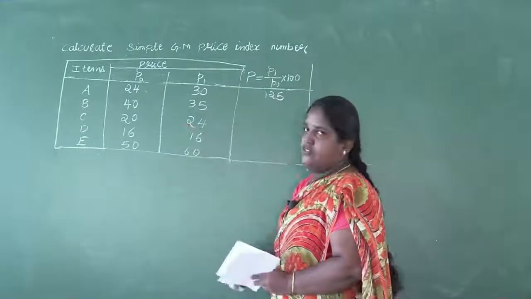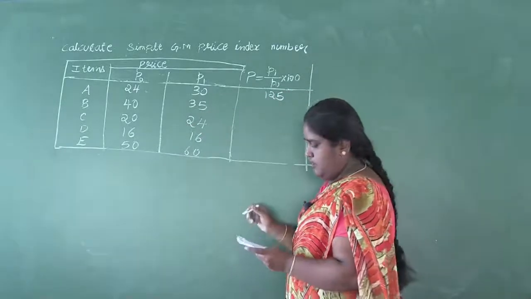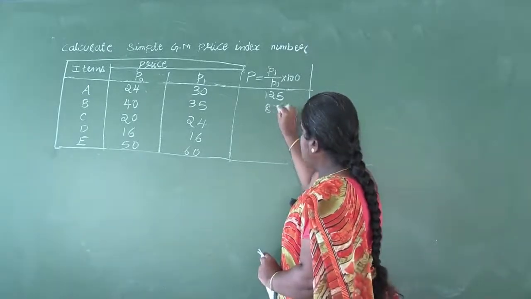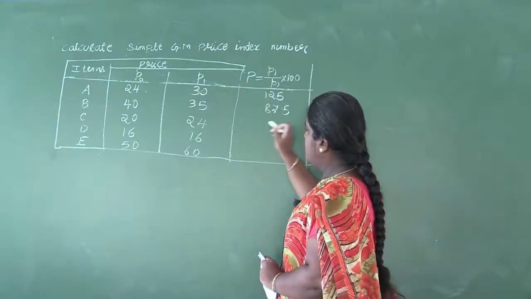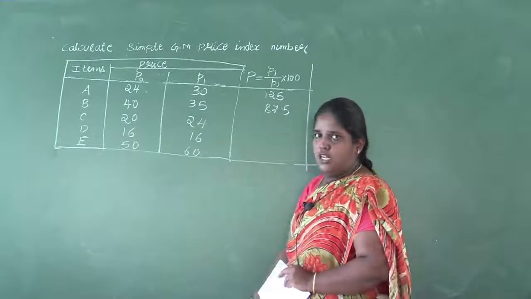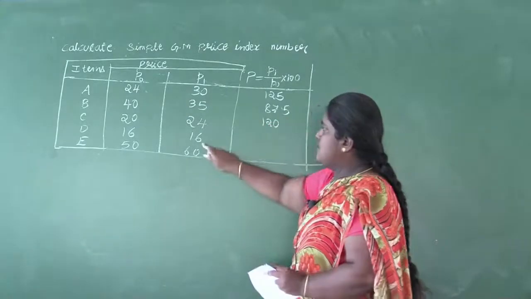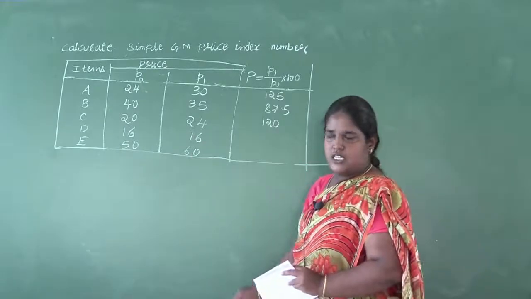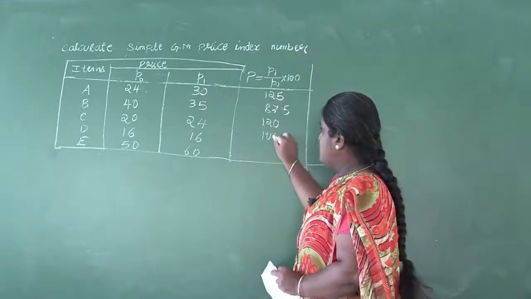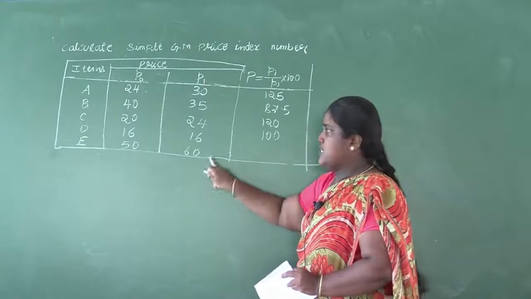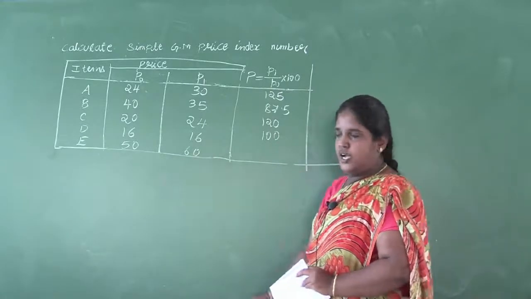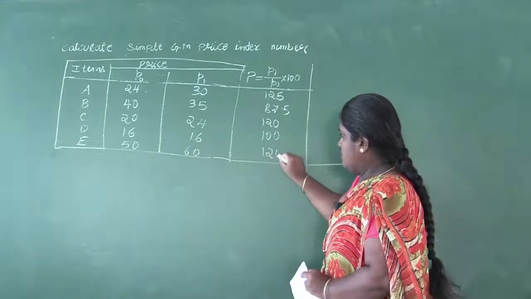Then 35 divided by 40 into 100, 87.5. 24 divided by 20 into 100, 120. 16 divided by 16 into 100, 100. 60 divided by 50 into 100, 120.